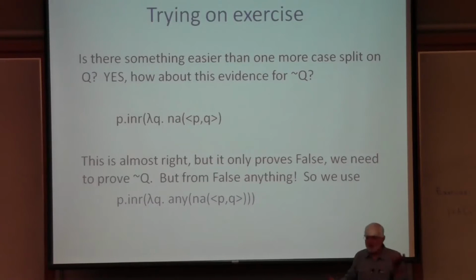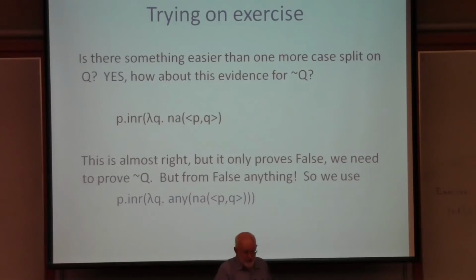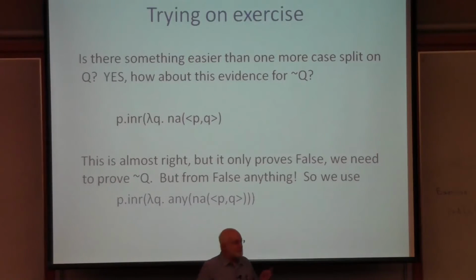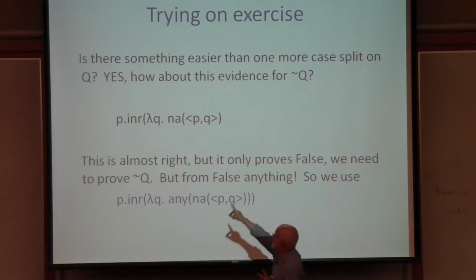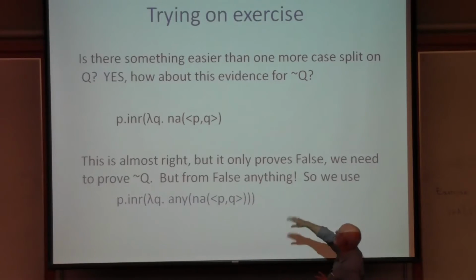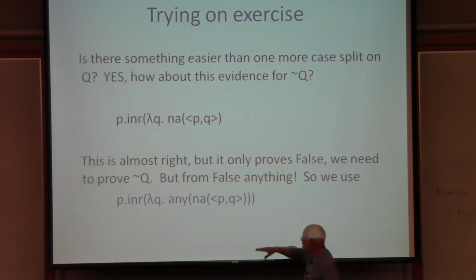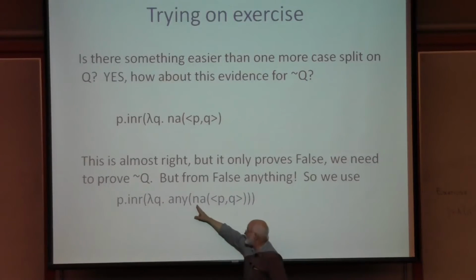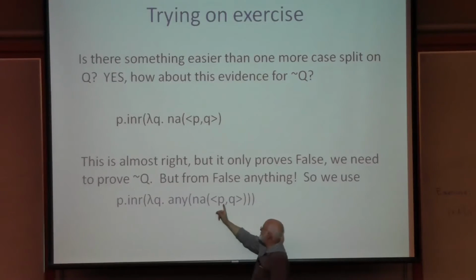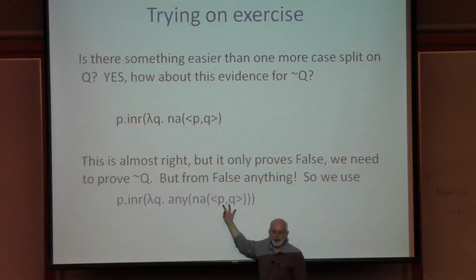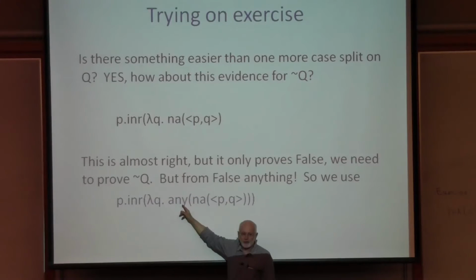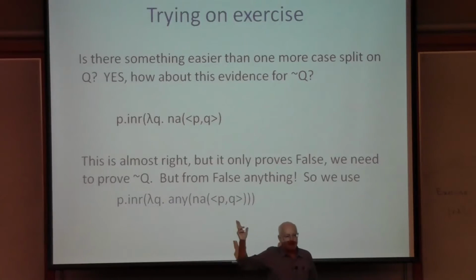So you assume Q. Here we put it into the realizer: give me a Q. Now you've got both P and Q, and you can go to the first realizer, which we don't have on the board anymore, but I'm going to explain it. You put the pair P and Q in, and what do you get? A proof of false. And from that, you can use this any operator to get your proof of not Q.